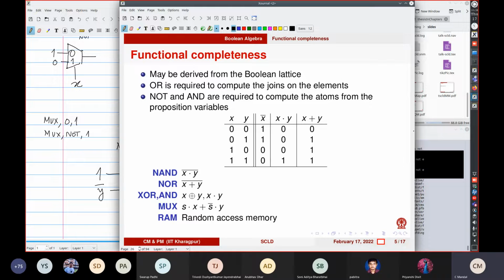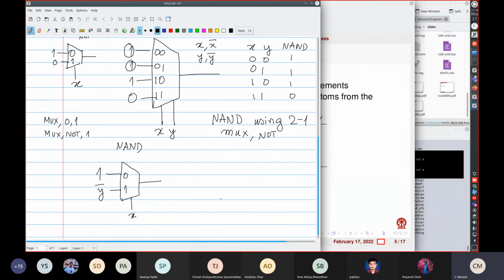So how does a random access memory work? Suppose you have a memory of 4 bits, and you have got address lines X and Y. So you have got 4 locations, which can be addressed by 2 bits. What are the addresses? 00, 01, 10, and 11.